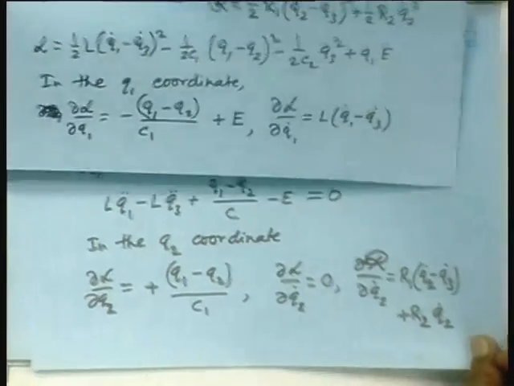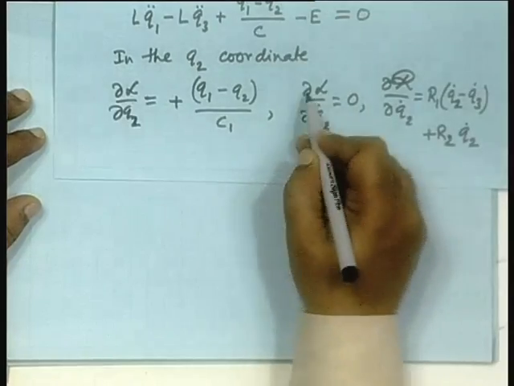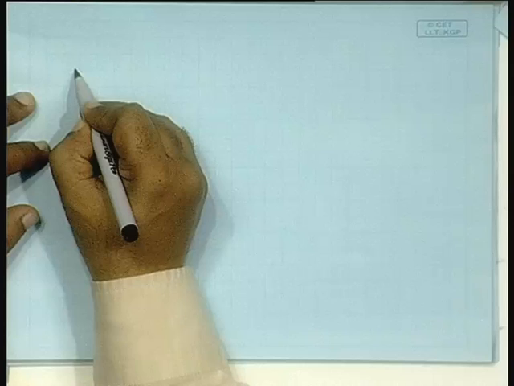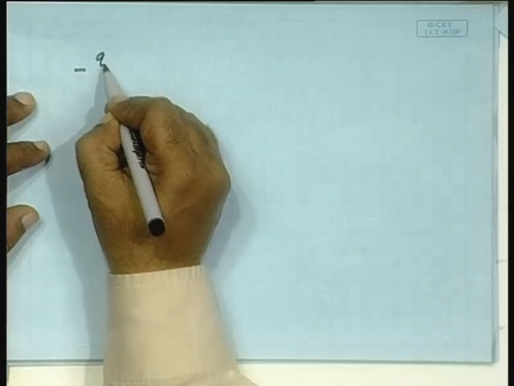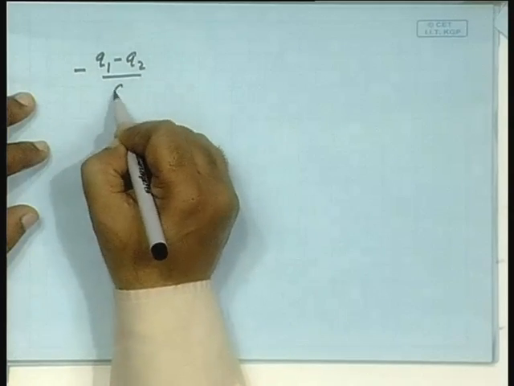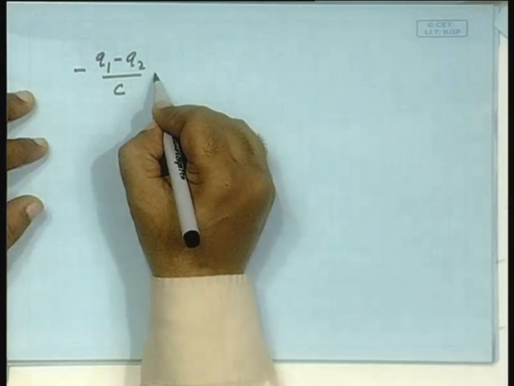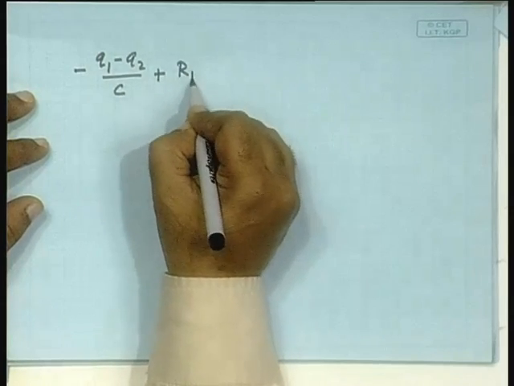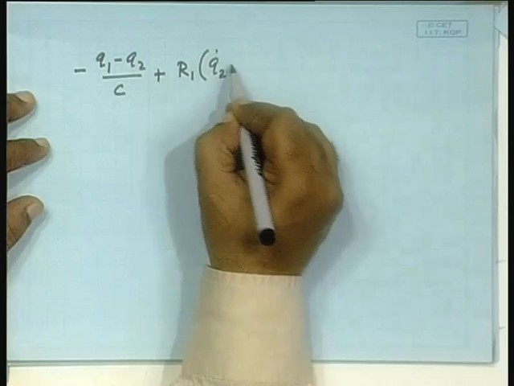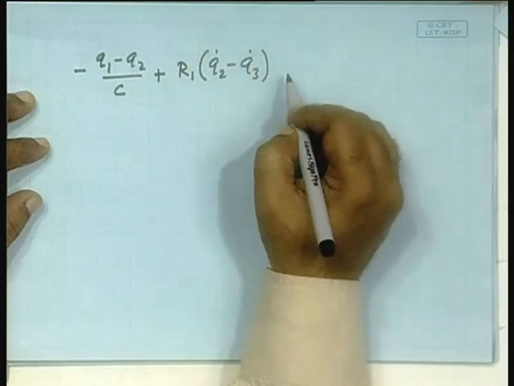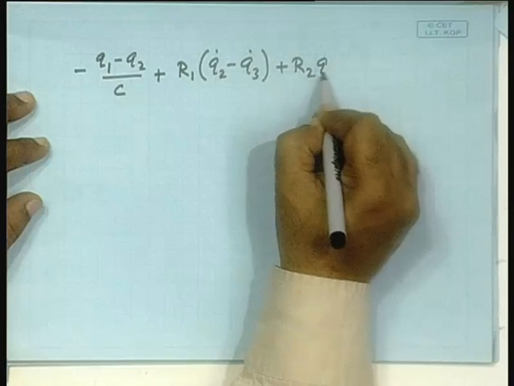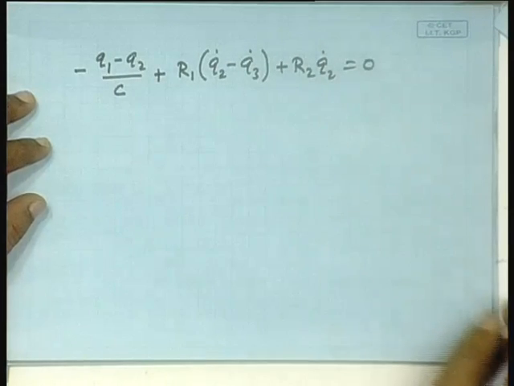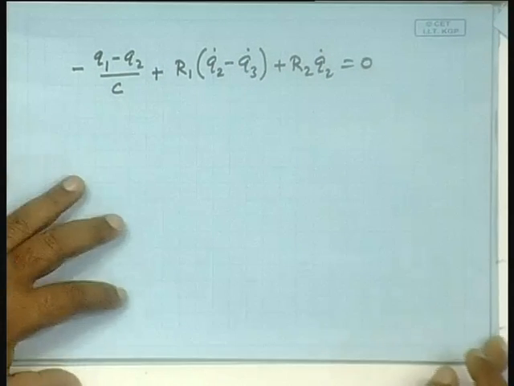Now, if you write down the equation, this is 0, therefore, d dt of this does not exist. So, you will have minus of q1 minus q2 by C, plus r1 q2 dot minus q3 dot plus r2 q2 dot equal to 0, right, done.